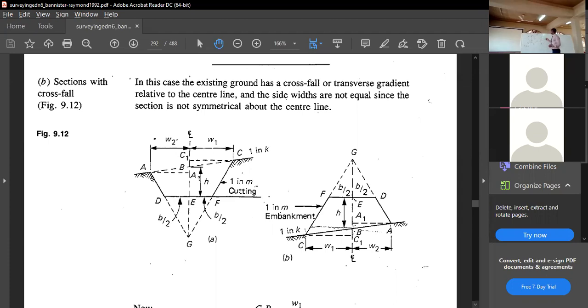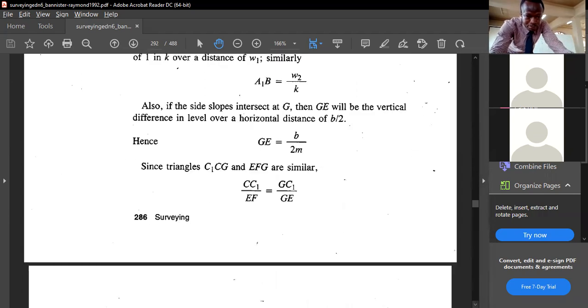Then we can write the formula, simple as that, not complicated: B on 2, W1, W2. The side slope is 1 in m for embankments and 1 in k for the cross slope. So this is called a cross fall.